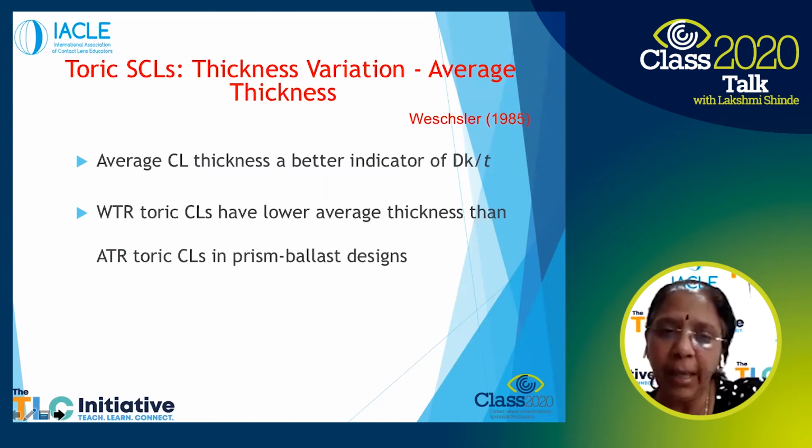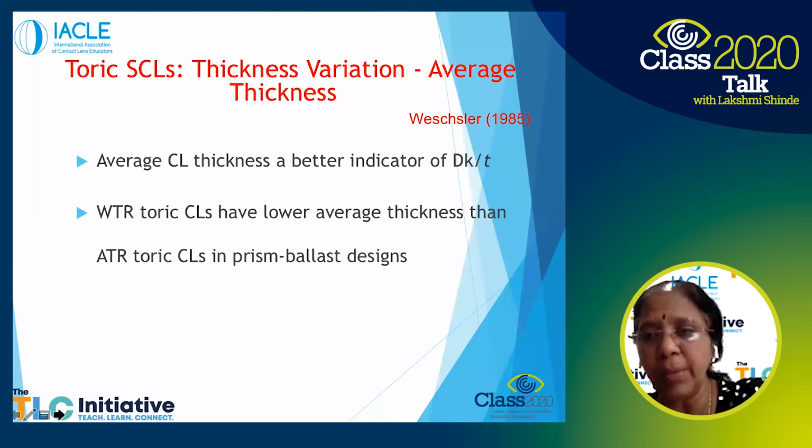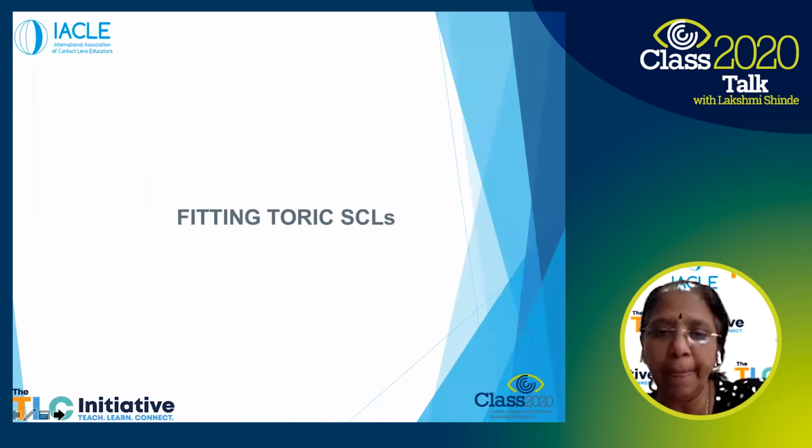So definitely the average contact lens thickness is a much better indicator of Dk/t rather than looking at the lens as a standalone. And with the rule, toric contact lenses have a lower average thickness than against the rule, especially because in against the rule, we all know that the vertical meridian is thinner than the horizontal meridian.